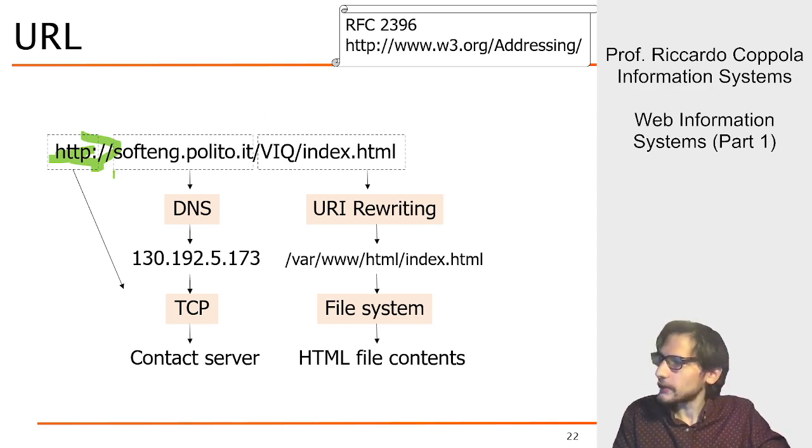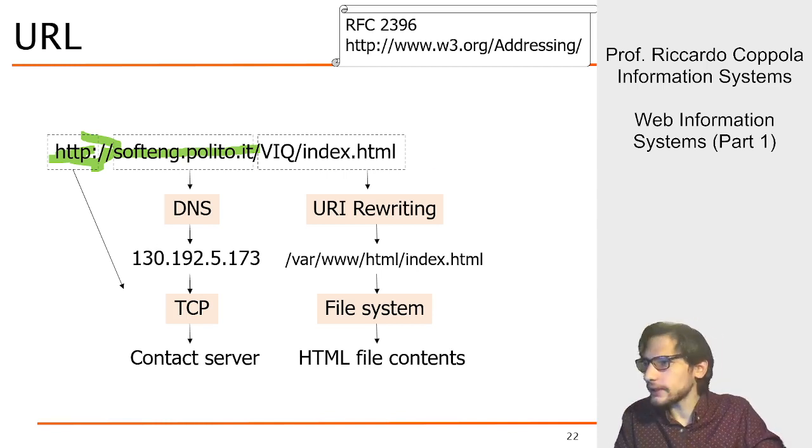The first part of the URL is the host. This is the name of the server containing the resource that I want to find. So softbank.polito.it or www.google.it will be the name of the server where I want to find a resource.